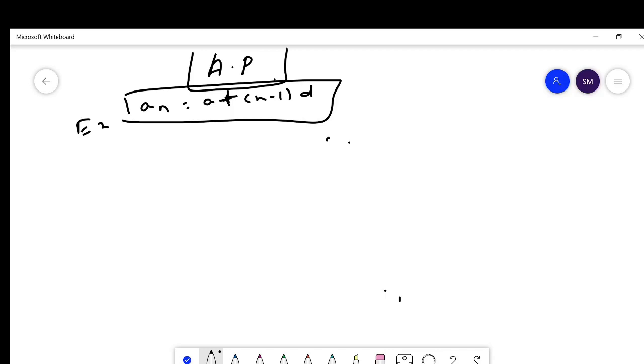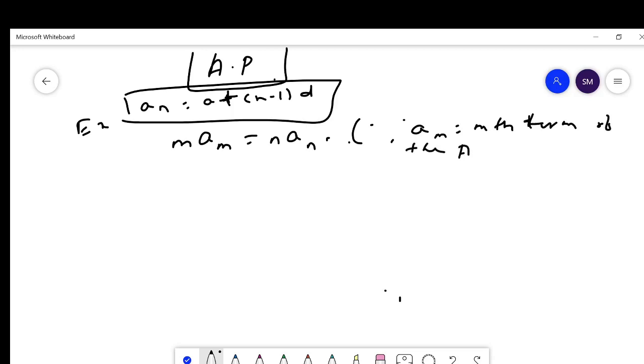Here am is the mth term of the AP, and an is the nth term of the AP.